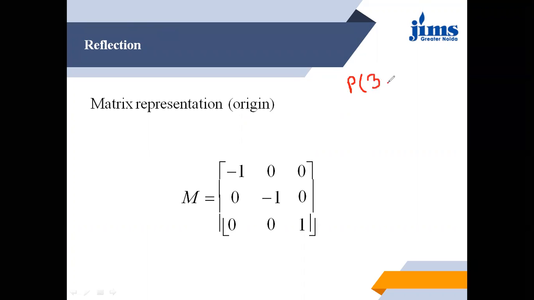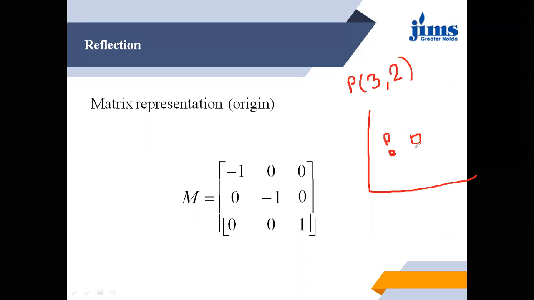So what will we do in this case? Let me draw the object. Suppose this is the x and y coordinate system. This is an object. We have to reflect this object with respect to this point. Suppose this is P.